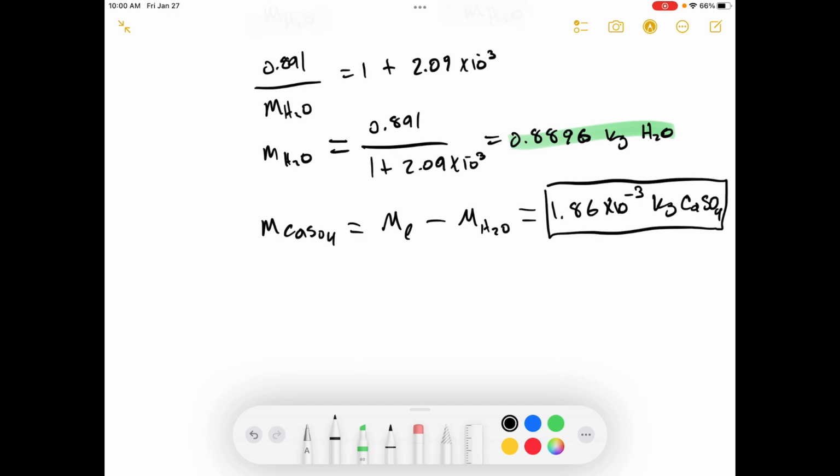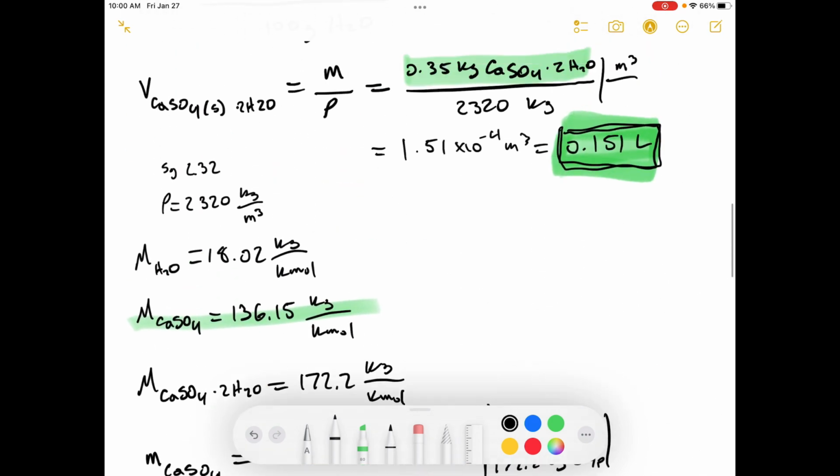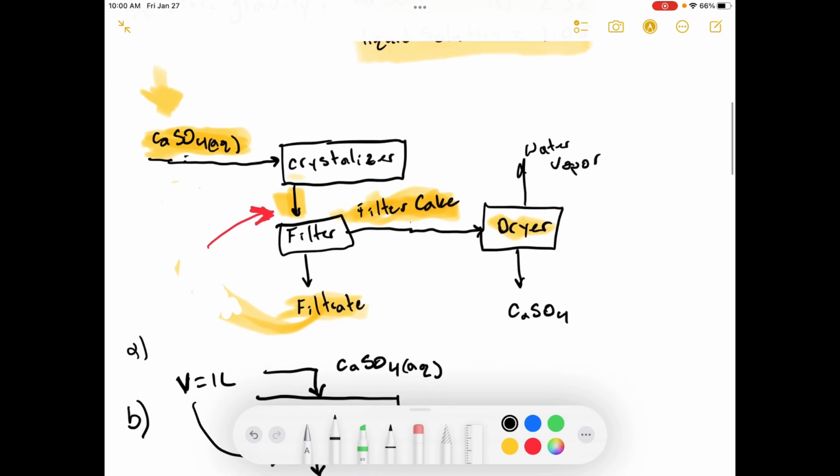Okay, so you're only able to recover, let's return to our diagram here. You're only able to recover stuff that came from this stream that goes to the dryer. So anything that comes out here would be stuff that you don't recover, the calcium sulfate you don't recover.